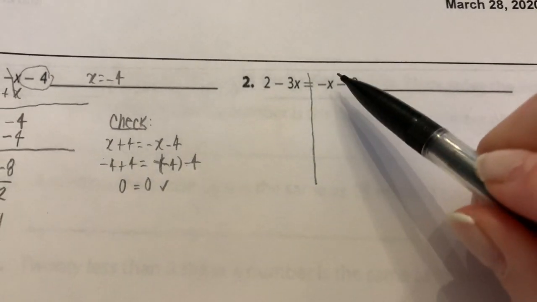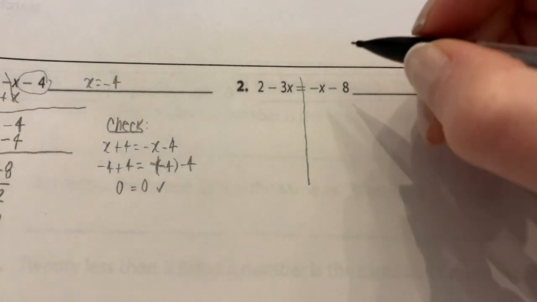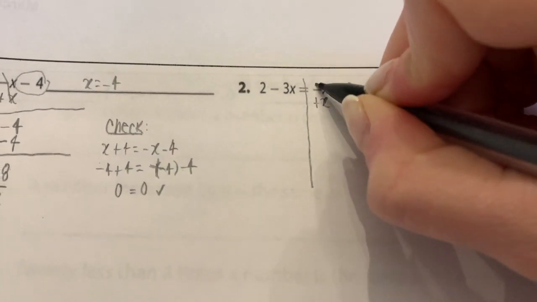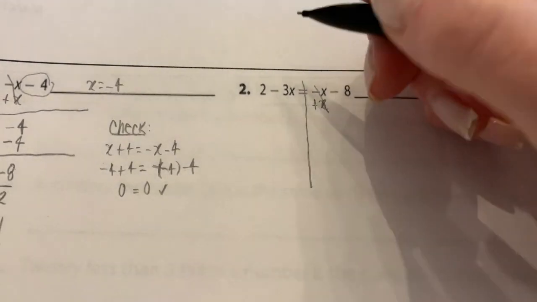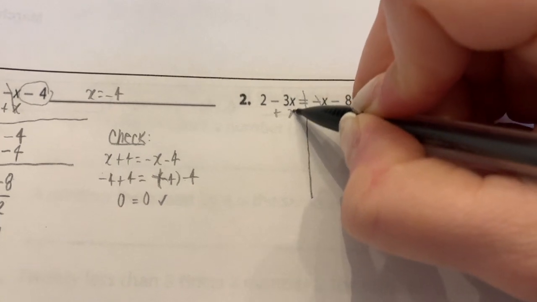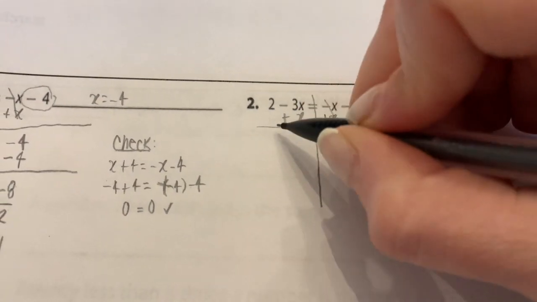So I see a negative x here. I need that to be on the left side, so I'm going to do the opposite. So it's a negative x, I'm going to add x. If I do it to one side, I have to do it to the other side. So of course I'm going to add it to the 3x, not the 2. I bring down the 2.